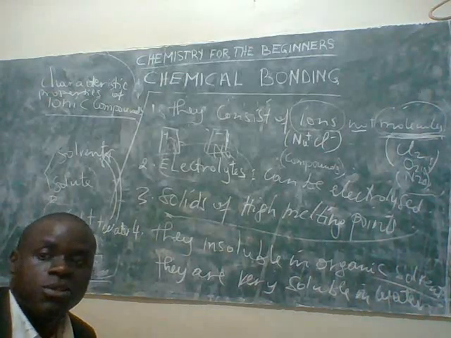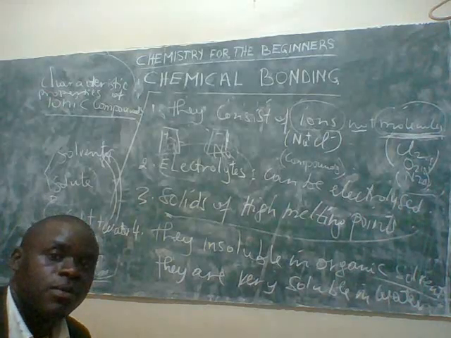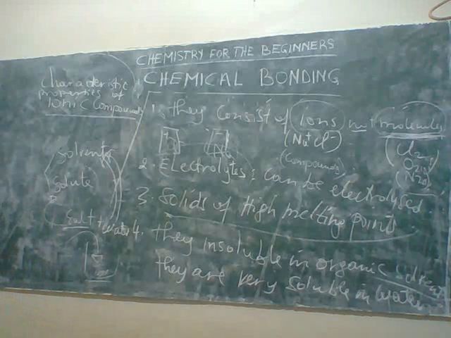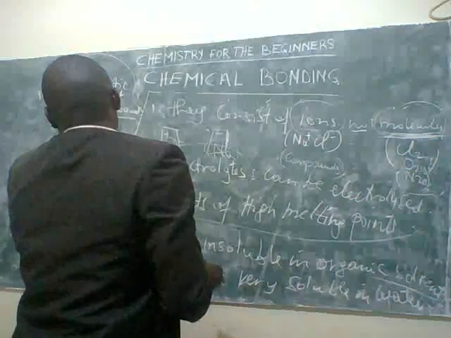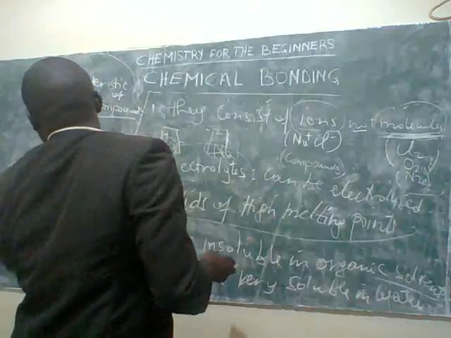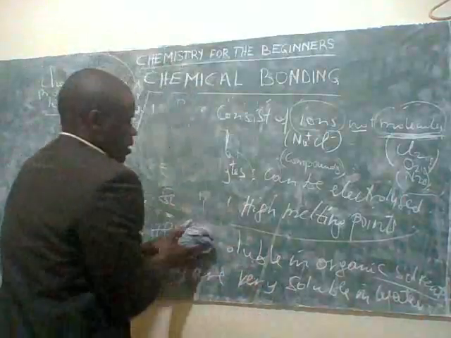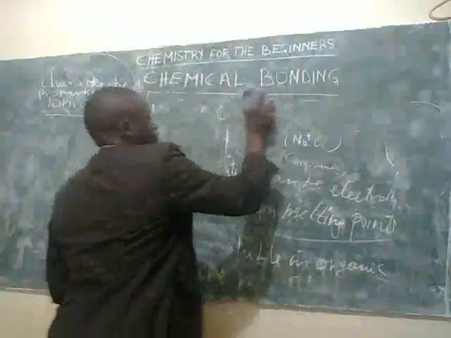But the way it is soluble in water, it contains some ionic bonds. So I think for this point we can finish here. That's it. We are remaining with a few things to finish with this.